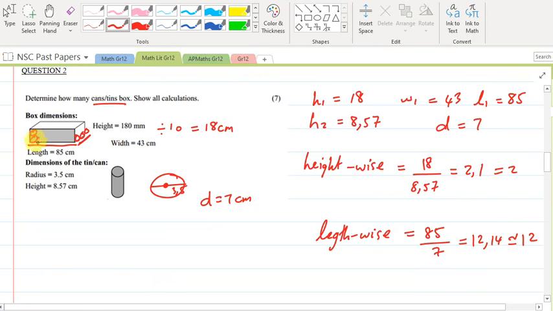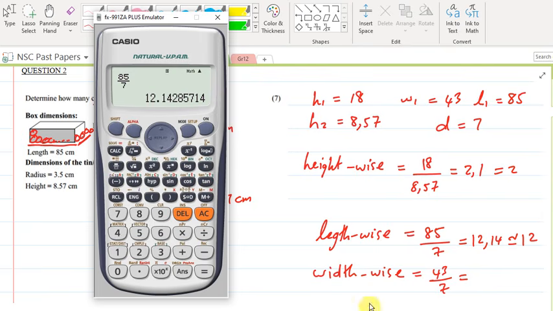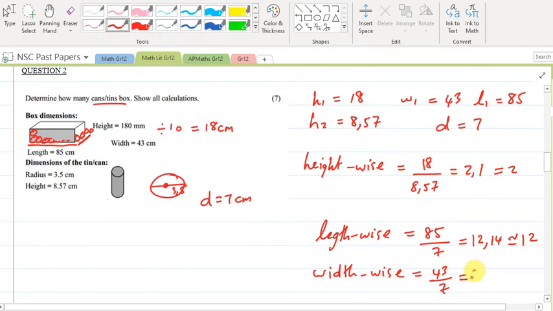So width-wise, 43 divided by 7, which is equal to 43 over 7, and we have 6.14. So approximately 6, right? So we have 12 lengthwise, and widthwise we have 6, and 2 layers.